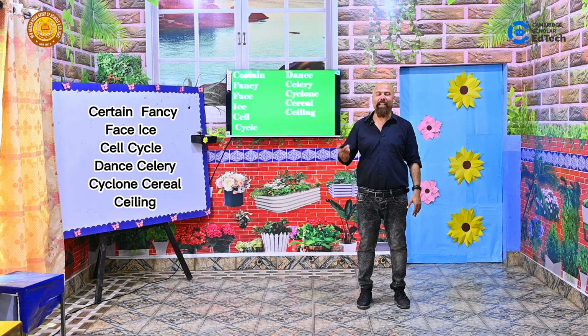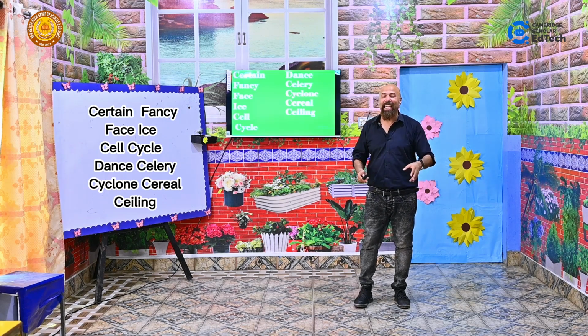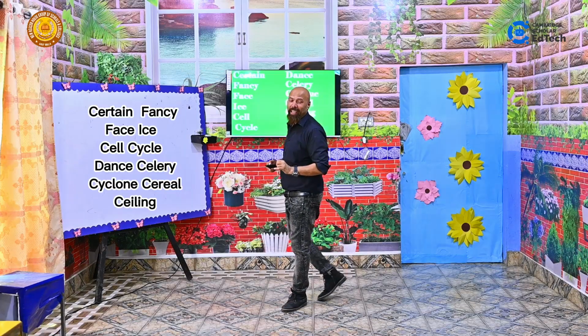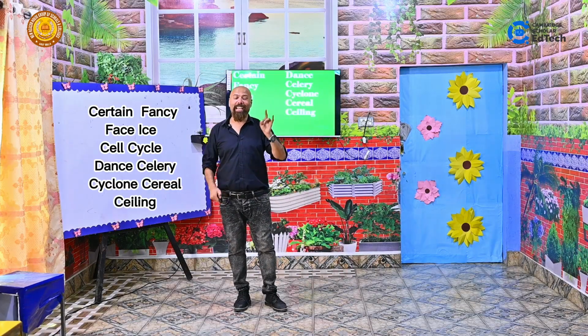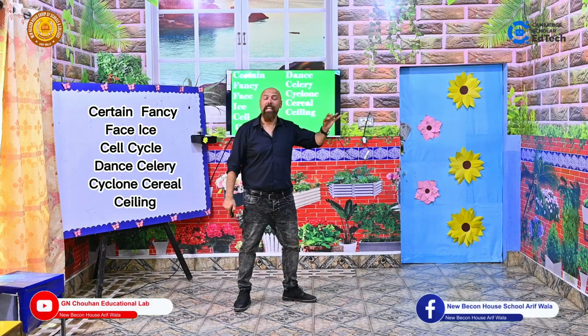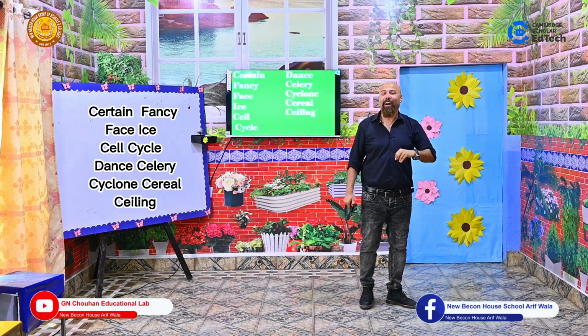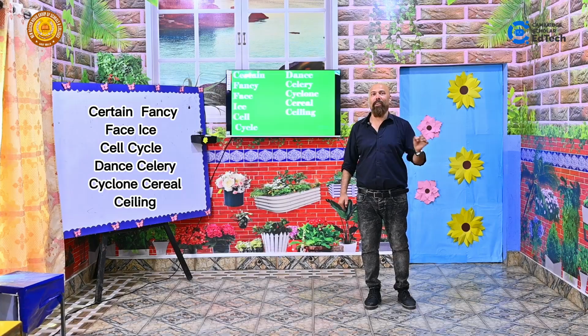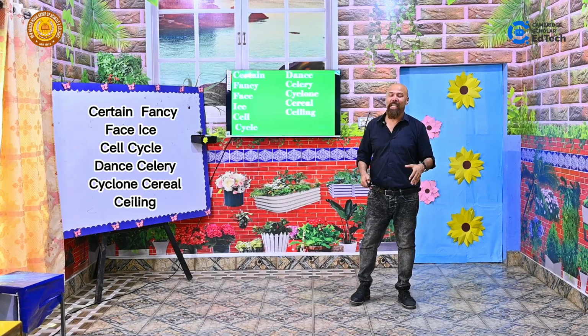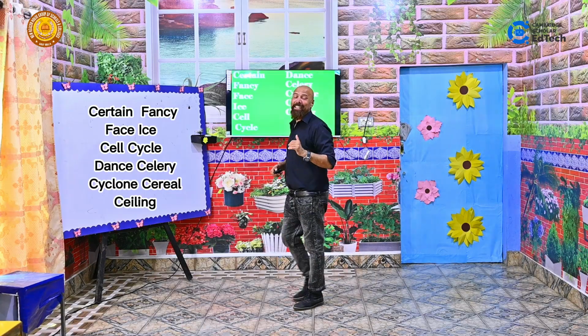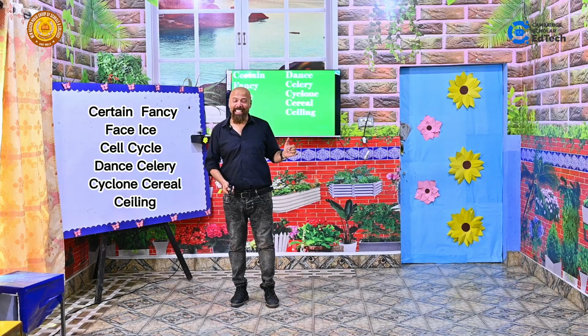And the final C is following the L sound, so we say cycle, okay? Dance, celery, okay? Cyclone. The first C is an S, and the next C is a K: soft and hard, all right? Cyclone, cereal, and ceiling.